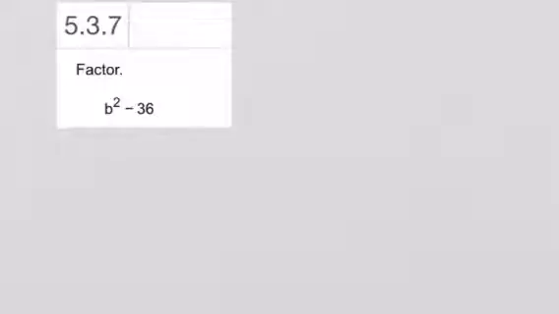Here it says we want to factor b squared minus 36. Remember, what we're trying to do is get this as something squared minus something squared. What can I put inside that first parentheses so that when I square it, it takes me back to b squared? Well, that's just b.